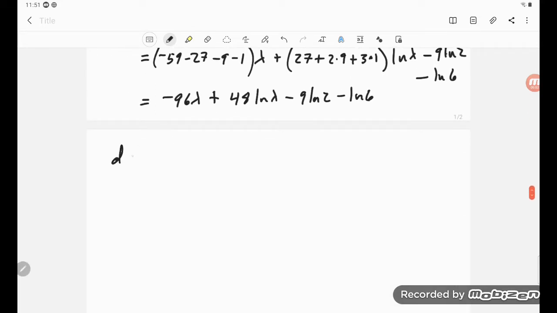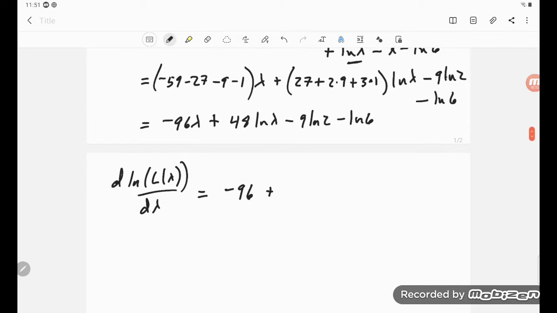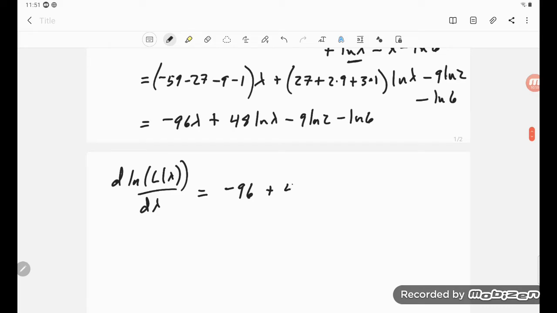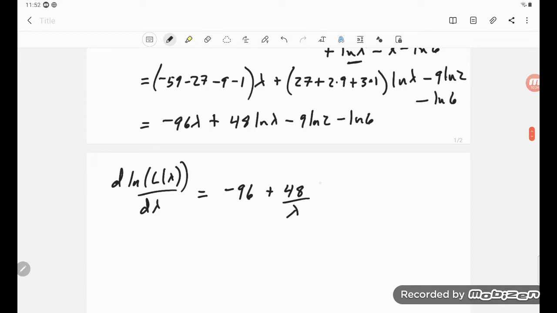And now if I take the derivative of that natural log L of lambda with respect to lambda, I get minus 96 plus 48 over lambda, and 0 for these constants.